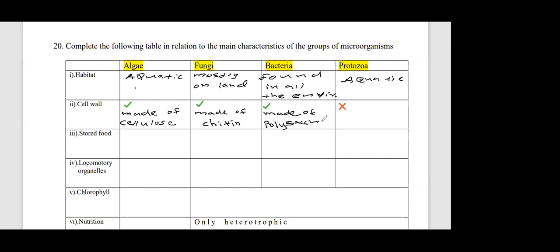For example, bacteria, algae: eukaryotic. If you can mark that as eukaryotic, that means nucleus present. Fungi also eukaryotic, nucleus present. Bacteria prokaryotic or prokarya.